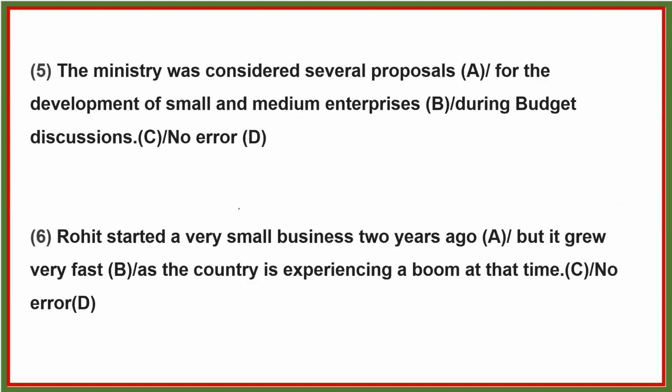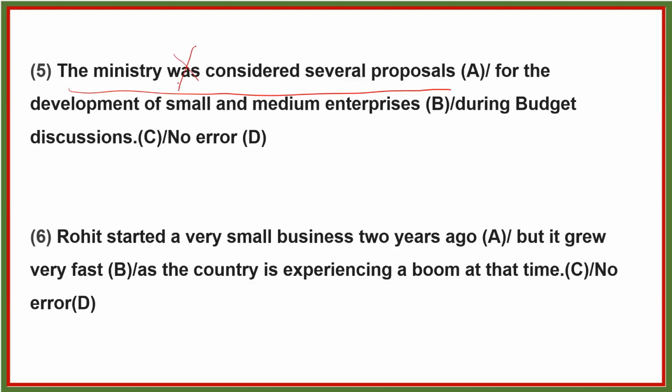Now see the fifth question. The ministry was considered several proposals for the development of small and medium enterprises during budget discussions. If you carefully observe this part A, the error is this one. Was is not required.